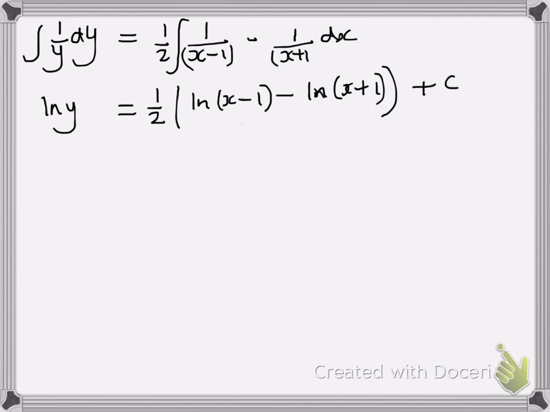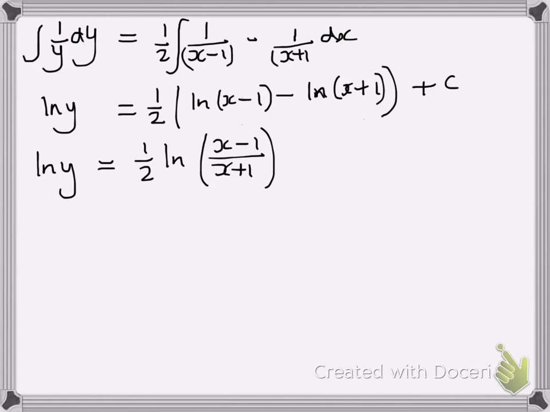Now, using my laws for logs, I can say that ln y is equal to a half ln of x minus 1 over x plus 1 plus c. Now I'd like everything to be written in log form, so I'm going to let c equal ln a.